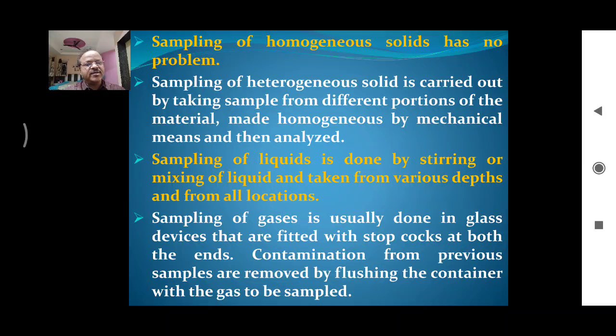For that purpose, both ends of the glass device are open, and the gaseous material which is to be sampled is allowed to pass through that glass device. Then one end of the glass device is closed, again the gas sample is passed, and then the other end of the glass device is closed. This is how we can collect the gaseous material for analysis.